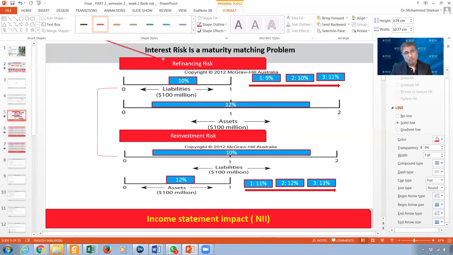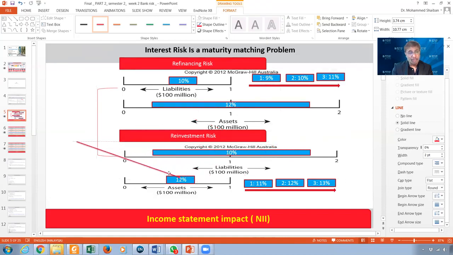Now, let's look at the case from a different perspective. The same 100 million, but this depositor wants to put it with me for 2 years. However, the business company wants the loan for only 1 year. Now, the depositor will receive from me a 10% fixed rate for 2 years.